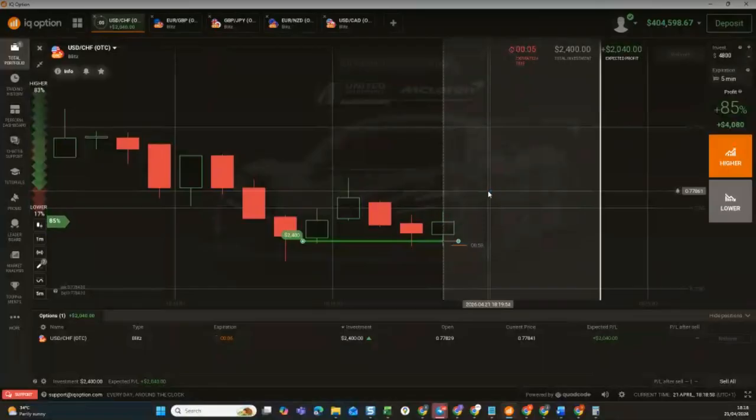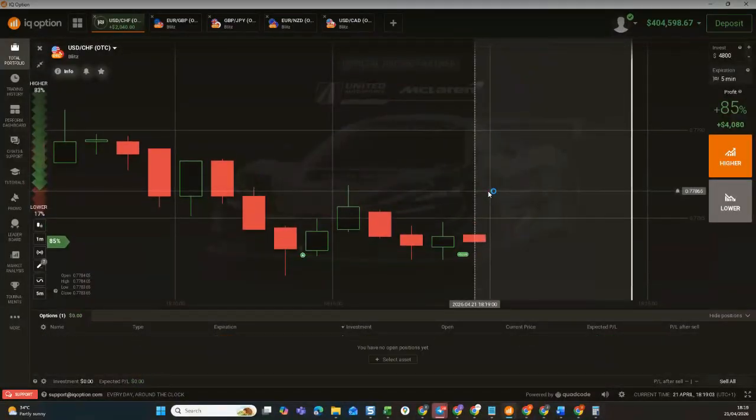So it looks like we're going to seal this one on the second martingale level. 2, 1.